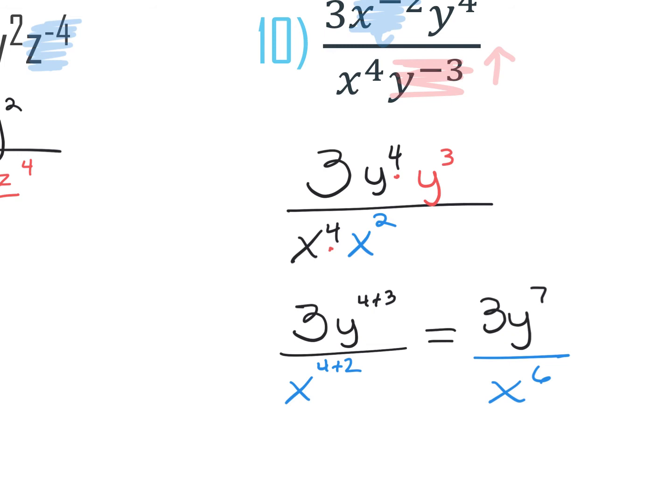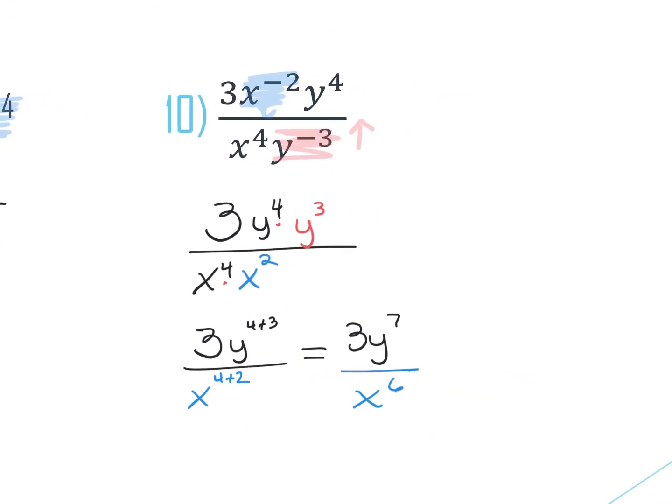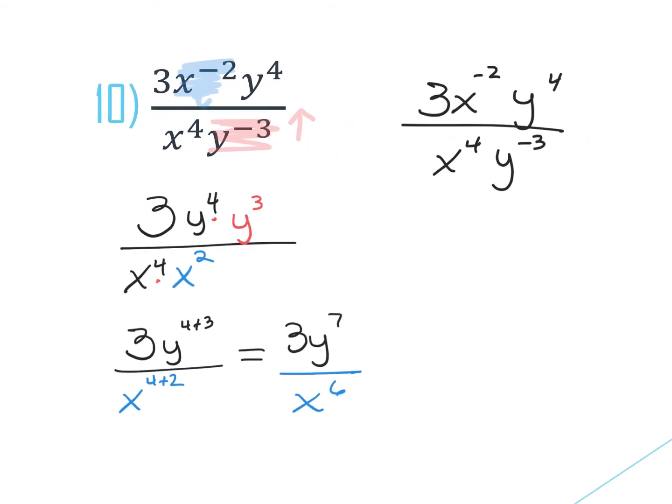That's one way. The other way, I'll show you, and I don't care which method you use to simplify this. Let me rewrite the problem. 3, x to the negative 2, y to the 4th, x to the 4th, y to the negative 3. The other way to do it is leave the exponents alone, don't move them. If we work with the x's, these are the same base, and if we work with the y's, we can also do it this way.